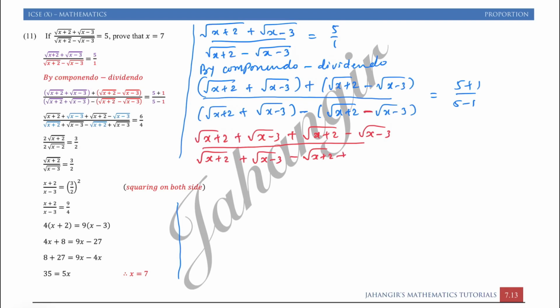This minus minus will become plus, is equal to 6 by 4.